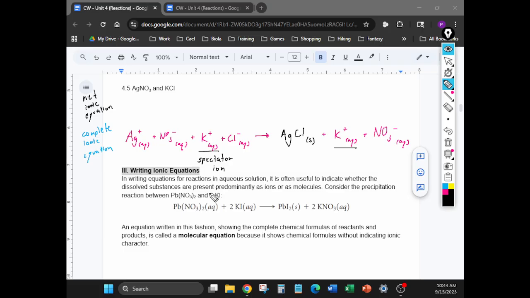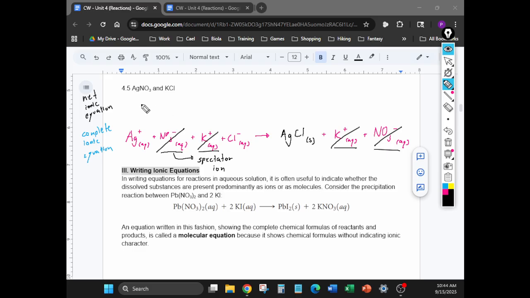Okay? There's one more spectator ion. What's the other spectator ion? NO3, yeah. Nitrate is also a spectator ion. So K and NO3 are spectator ions. And so what we do in the net ionic equation is we just don't write the spectators because they're not really important. They don't do anything. They just spectate.